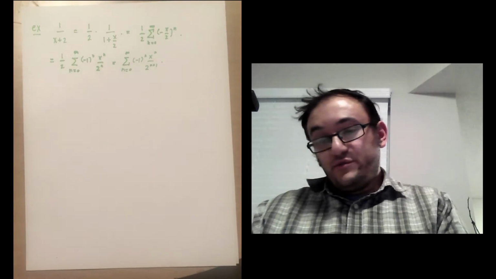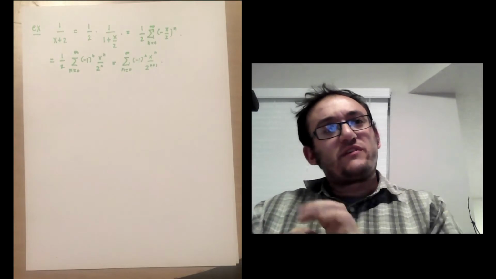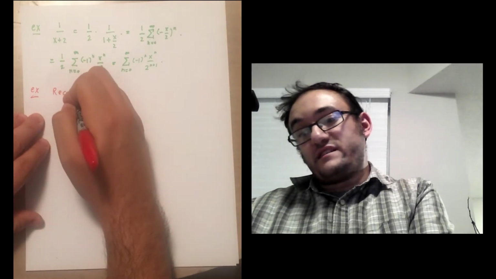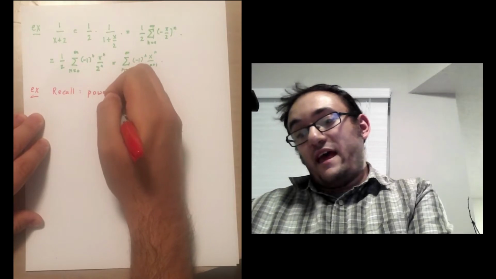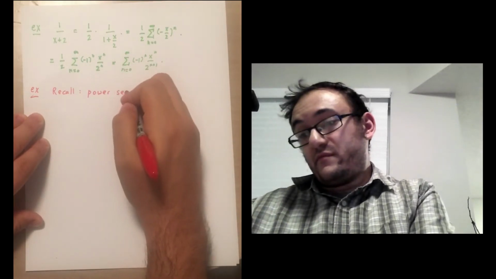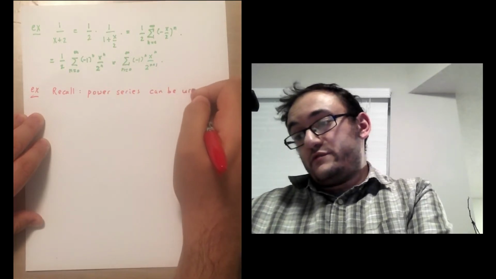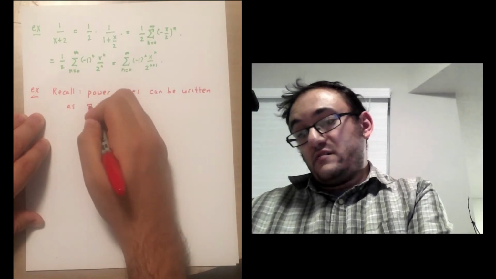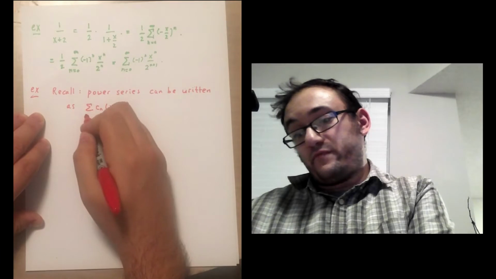You might want to put your power series somewhere that's not exactly at 0, right? Remember that a power series can be centered at any a, so it can be written as the sum of c sub n times x minus a to the nth power.